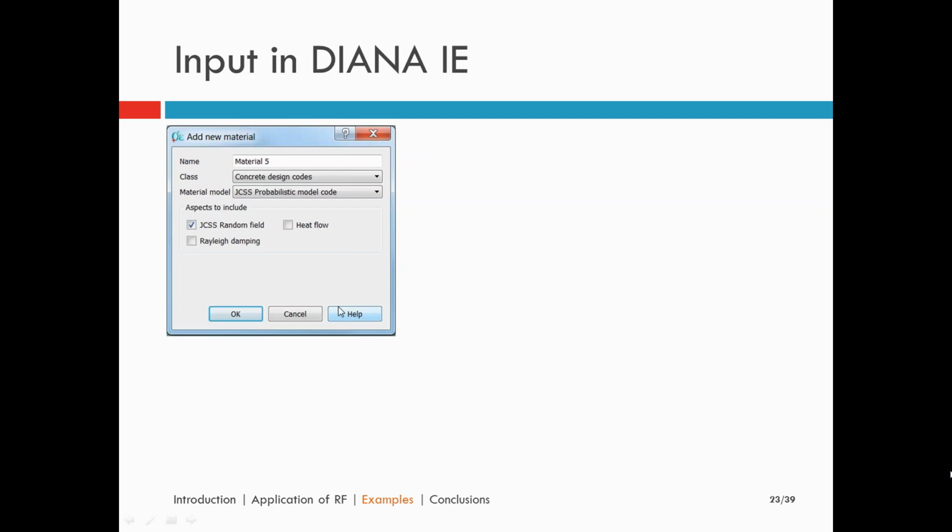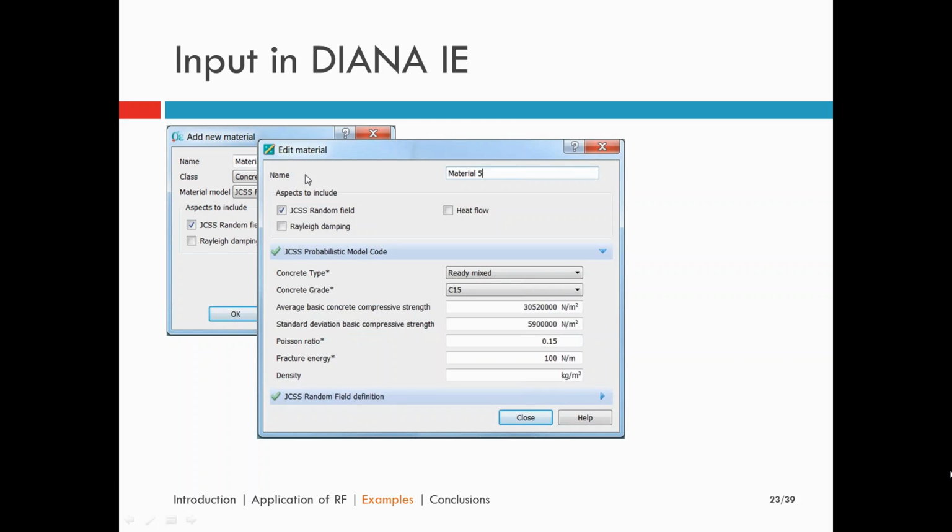The Joint Commission on Structural Safety probabilistic model code is implemented in Diana as a material model. If you look at the concrete, in the material class concrete design codes, then you will find the JCSS probabilistic model code. You can select this one.